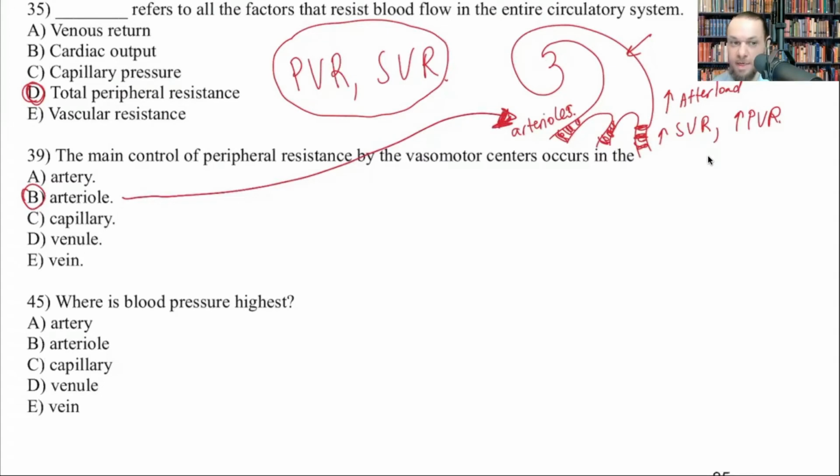If we go from the big artery like the aorta, it goes into artery, then into the arteriole, then into the capillary, then into the venule, then vein, and then the systemic veins like your inferior and superior vena cava.